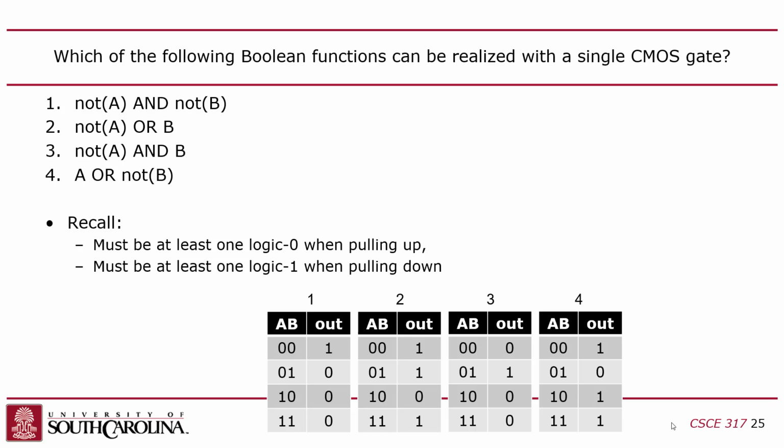That checks out. You go to number 2 and you say, okay, I need to have at least one 0 to pull up. I've got zeros here, so I'm good there. Uh-oh, wait a minute. This guy, 1, 1.